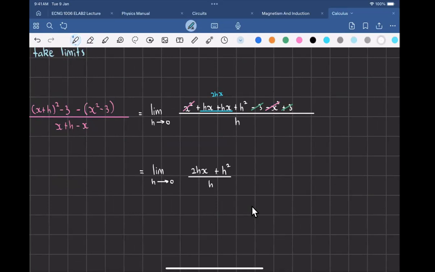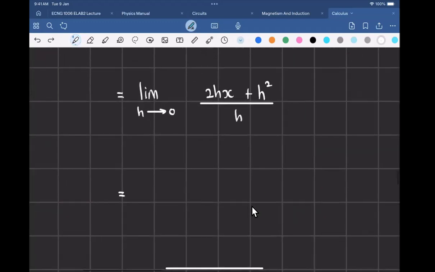The h could probably cancel with the h from the h squared. No, you can't do that. You can only cancel factors, not terms. Aliyah, tell Kira why she can't just cancel like that.